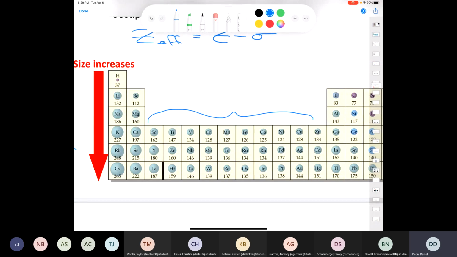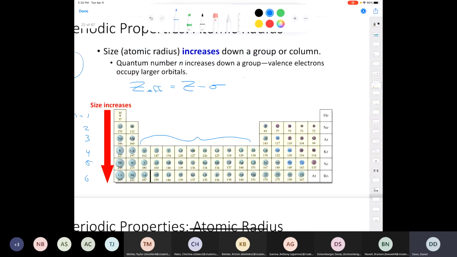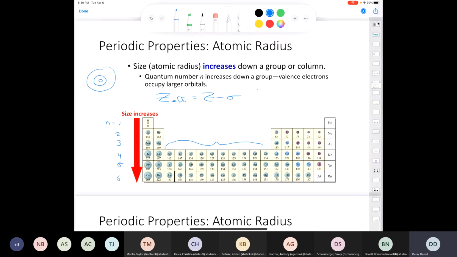Well, there's a good reason for that, and that's because when we calculate effective nuclear charge going across the D group, say for example we start here, we're at 3D, and this is a 4S. Remember, we're calculating Z minus sigma.